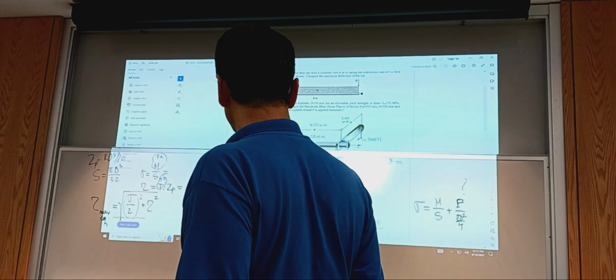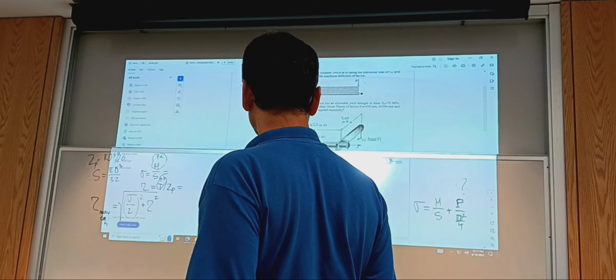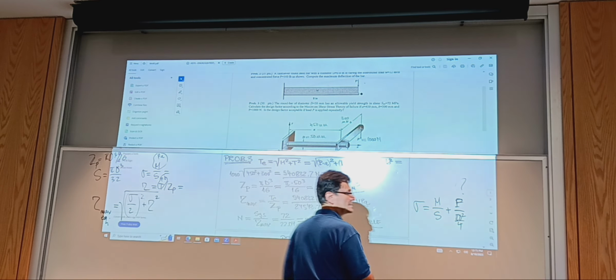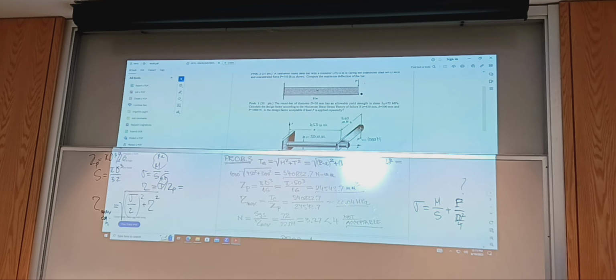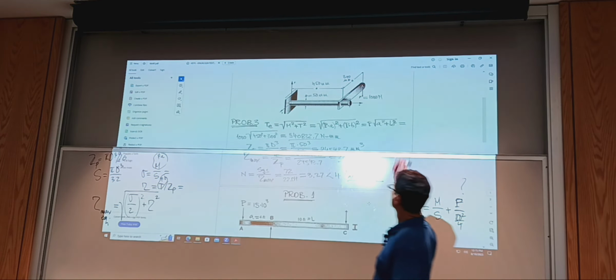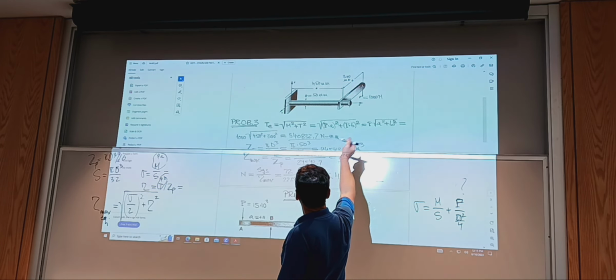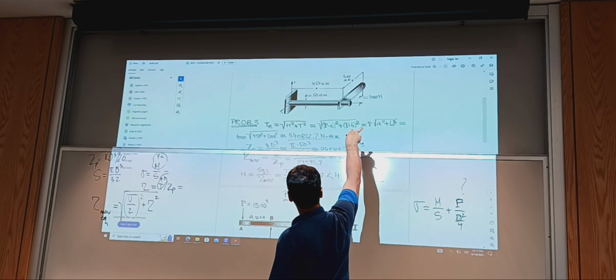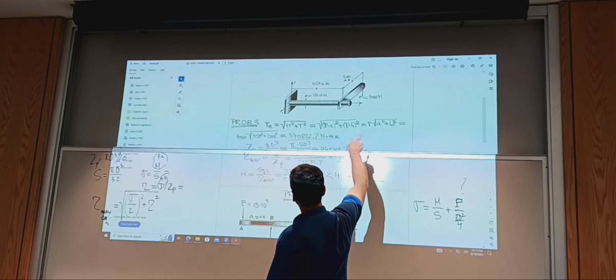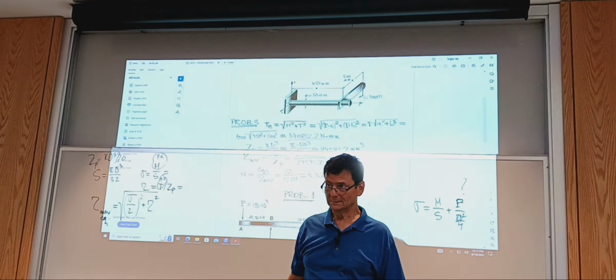There's no direct tension or direct compression in the bar. In this one, there isn't. There's none. You could induce one if you rotate the force about the z-axis by 90 degrees.